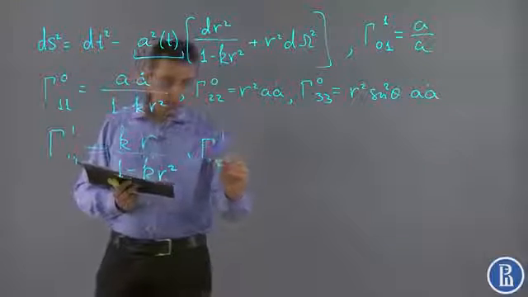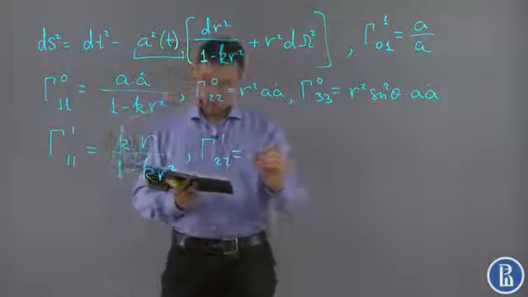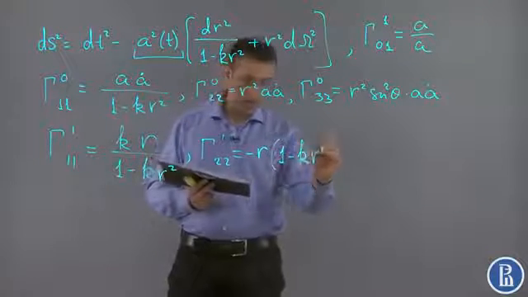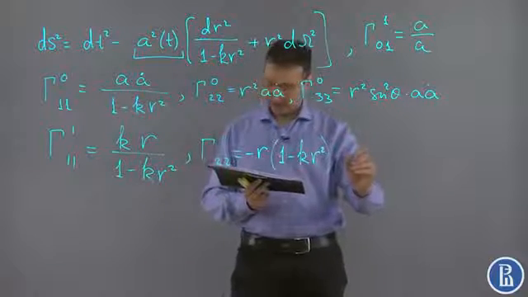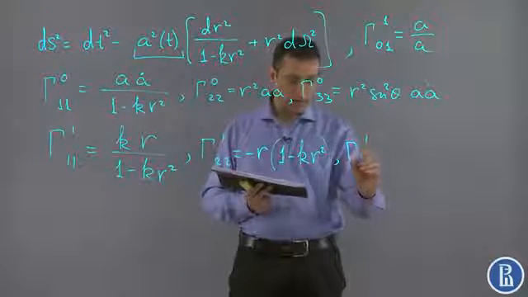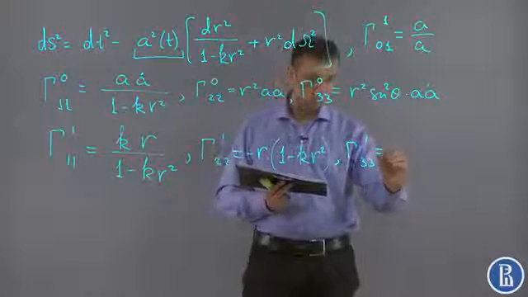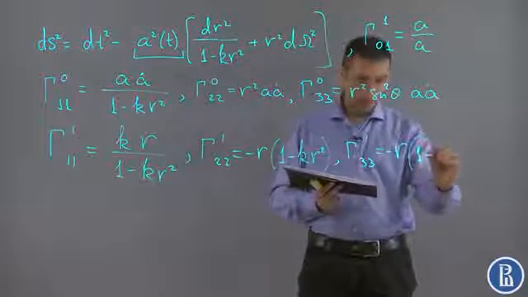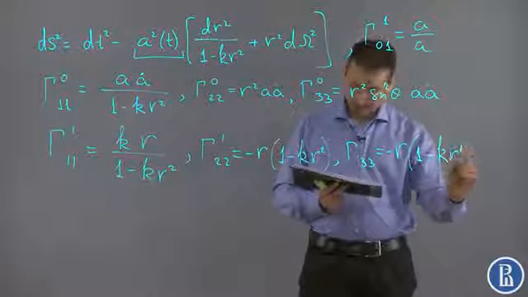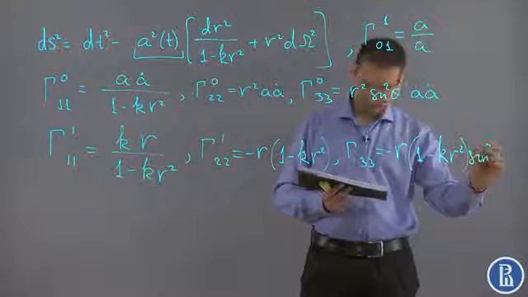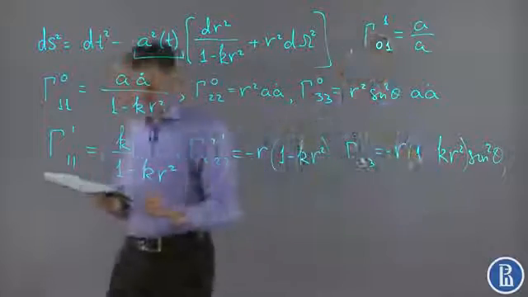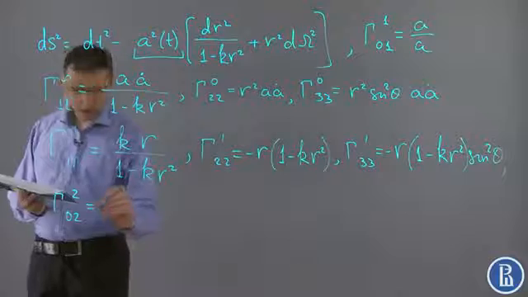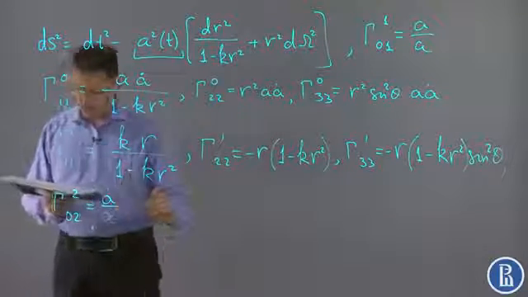Gamma 1 2 2 is equal to minus r times 1 minus k r squared, and gamma 1 3 3 is equal to minus r times 1 minus k r squared times sine squared of theta, and gamma 2 0 2 is equal to a dot over a.